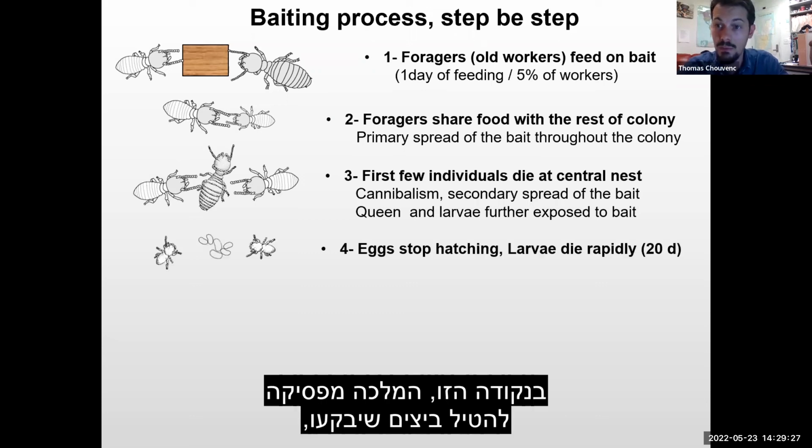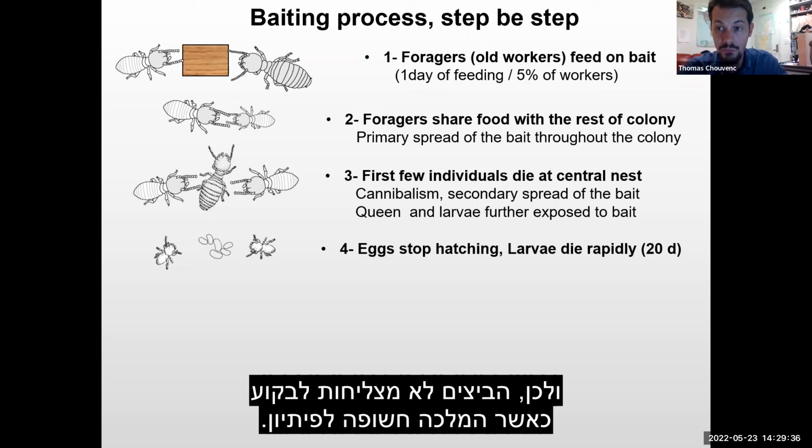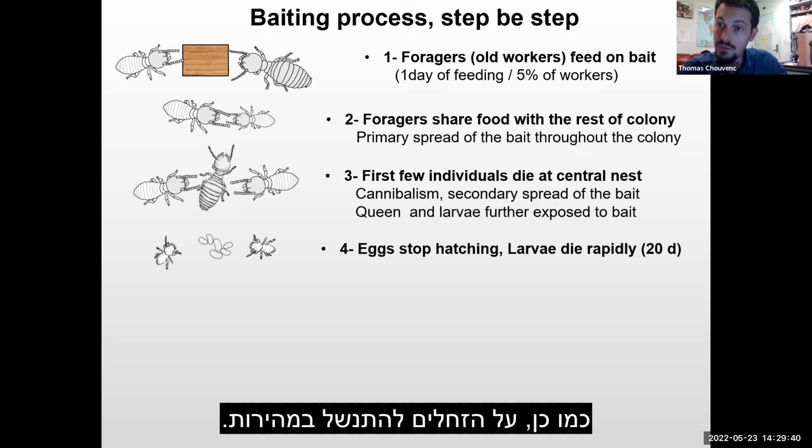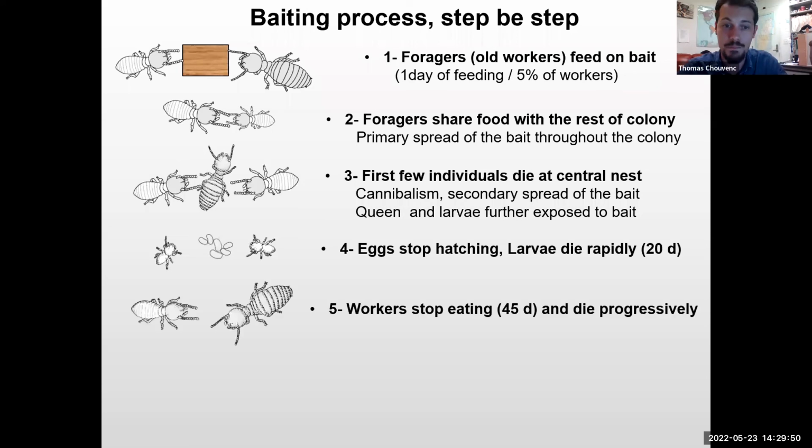The queen, at this point, stops laying viable eggs because although she doesn't molt, the eggs need to create a cuticle, and therefore the eggs fail to hatch when the queen is exposed to the bait. Also, the larvae that need to molt rapidly also die in the process. So really quick, the brood within 20 days is gone.